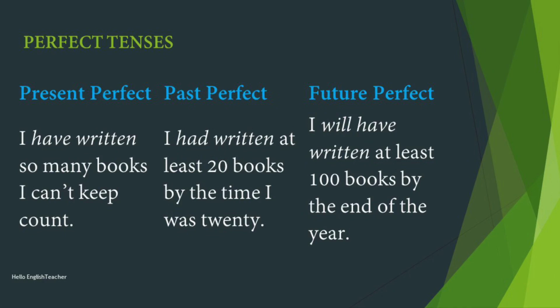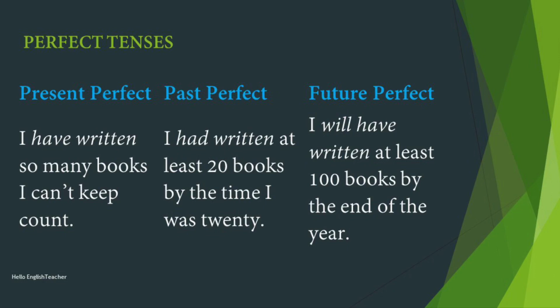I had written at least 20 books by the time I was 20. There are two actions here. One is writing books and the other is reaching the age of 20. Which had taken place first? Writing 20 books. So, that action will carry the past perfect tense. I had written, had plus the past participle form of the verb write, which is written.